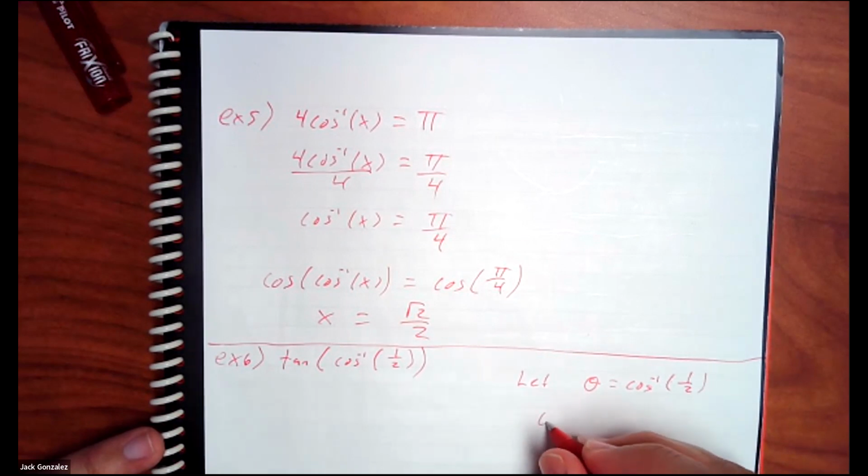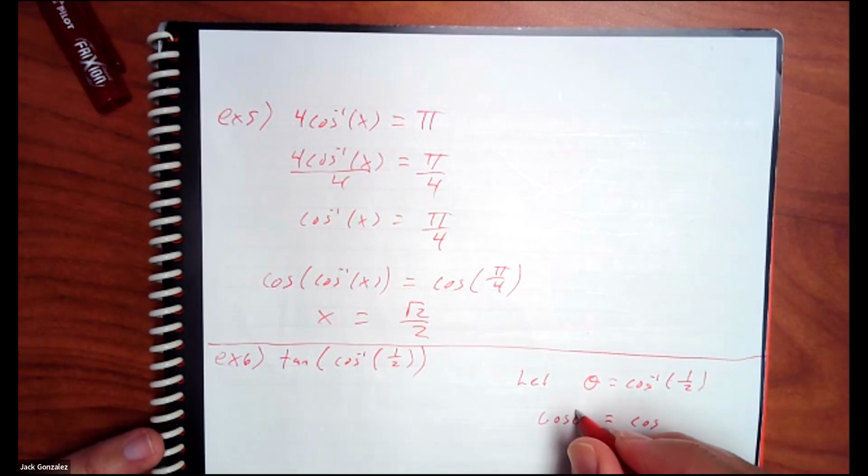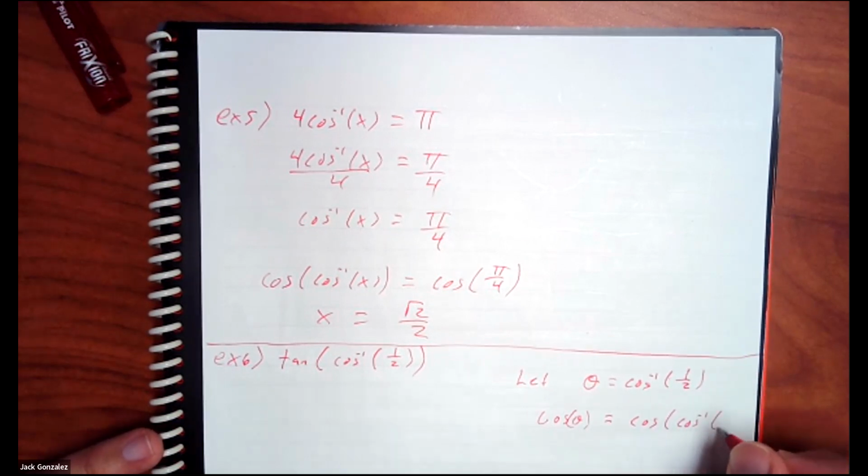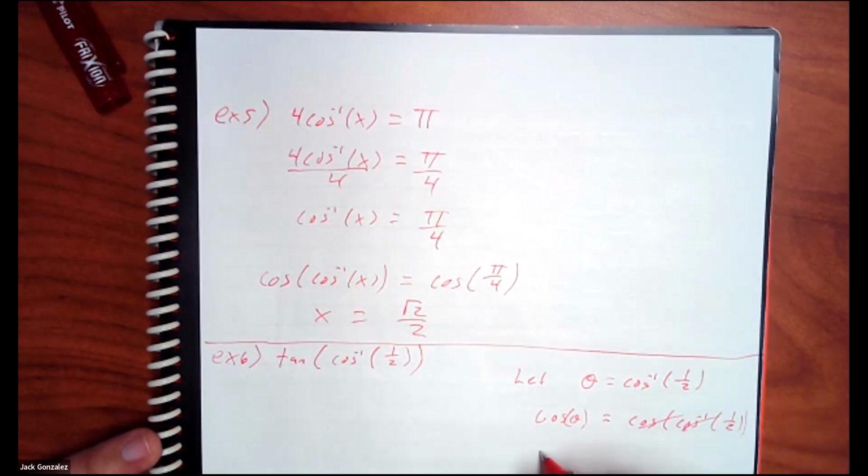If I do cosine of both sides, I get cosine theta, cosine inverse, they cancel. So that means that cosine theta is equal to 1/2.